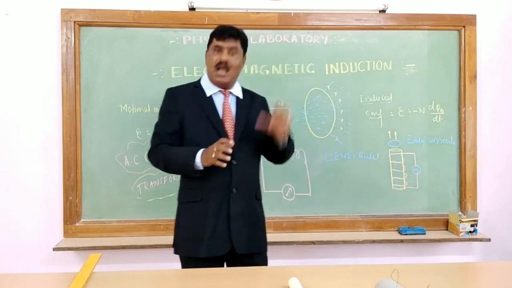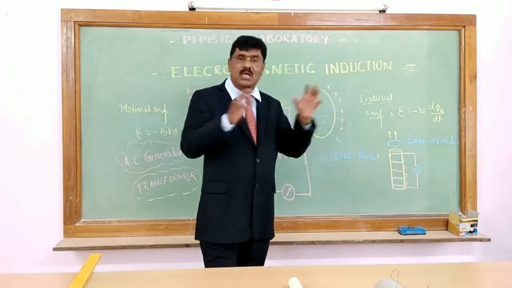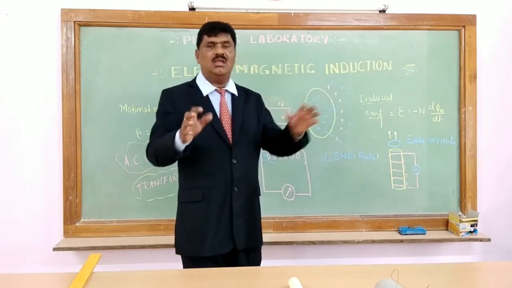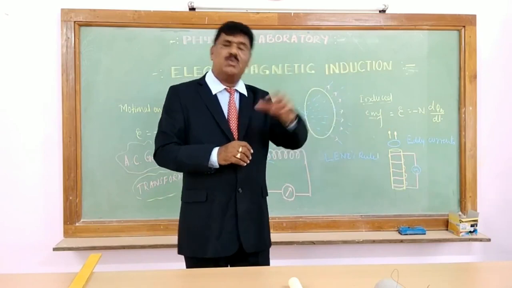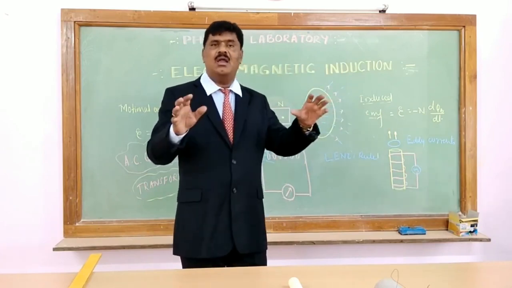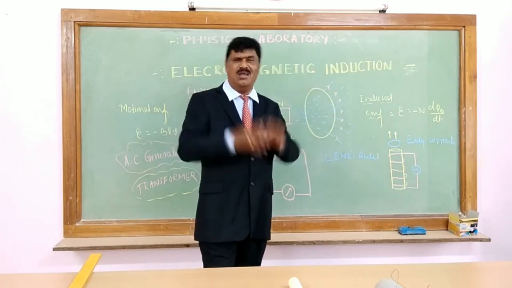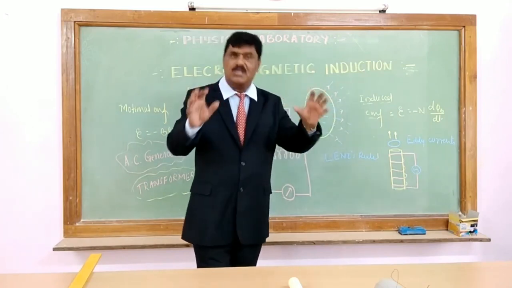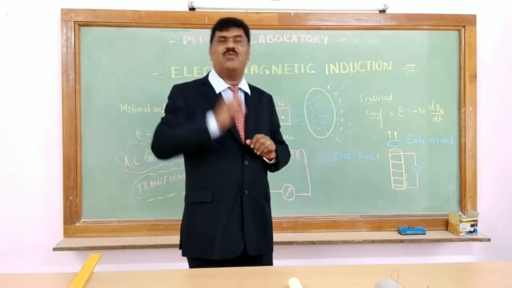Well friends, as I told you, this phenomenon was discovered by the scientist Michael Faraday in the year 1831. In order to discover this phenomenon, Faraday carried out two simple activities using two materials. One is a source of a magnetic field.